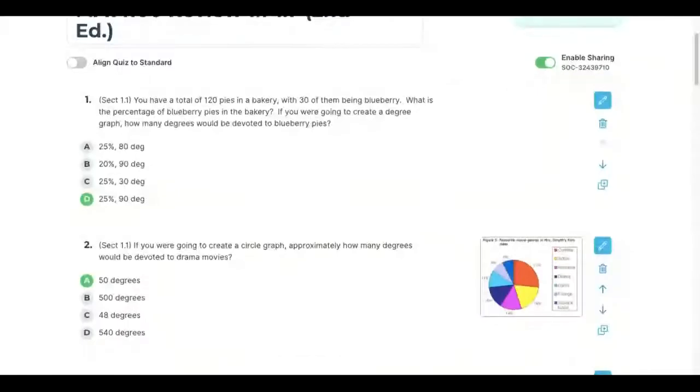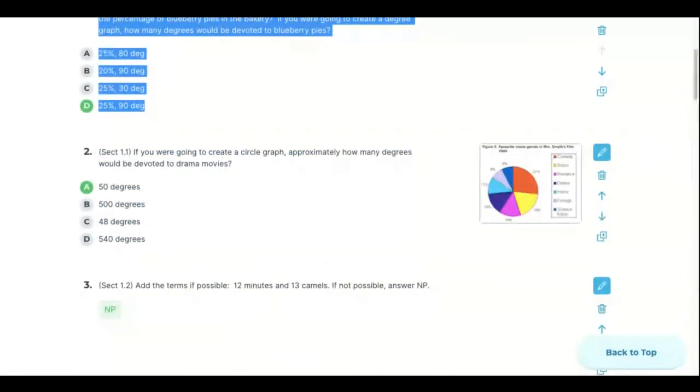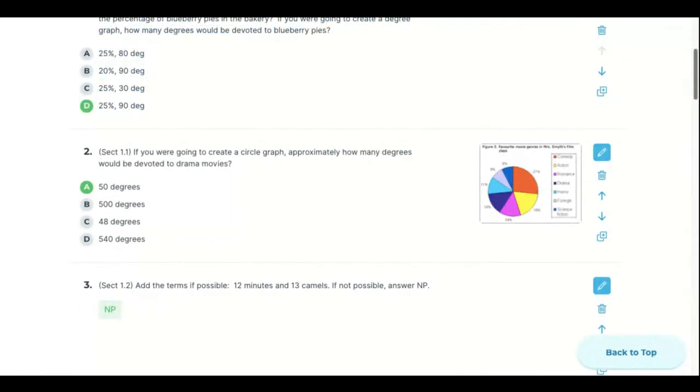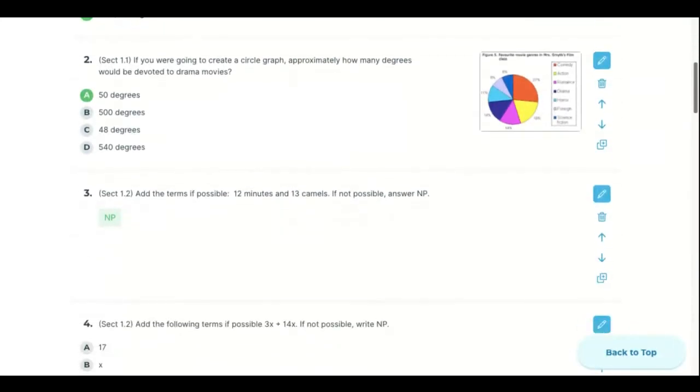Okay, next question. You can see the answers there, besides me showing them to you. If you were going to create a circle graph, approximately how many degrees would be devoted to drama movies? If you look on the little legend that they have here, where they show you the colors and what each color stands for, it says drama is in dark purple color.